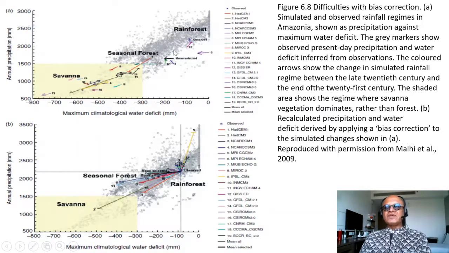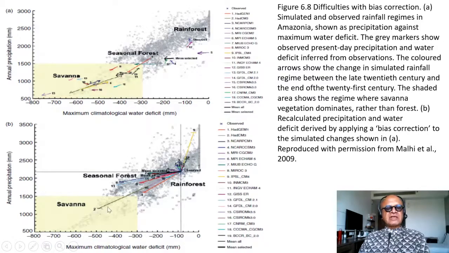They're trying to shift the Amazonia towards savanna under certain scenarios. Okay, and when you do bias correction, you are bringing all the models to this baseline based on observation, and some models are now pointing in the right direction, but most models are still pointing in the wrong direction.